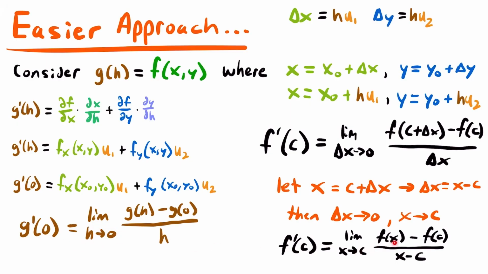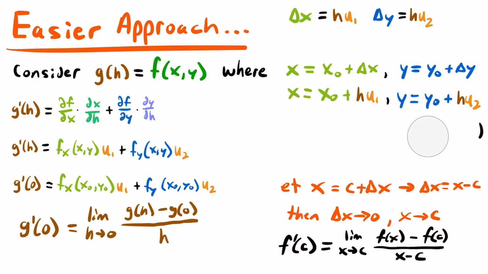And then you have f of x, or g of h, minus the function evaluated at that constant. So we have g evaluated at 0, divided by the variable minus c. So in this case, the variable is h, and we would be subtracting 0, so it's just h. Okay, so that's where this formula comes from. We're just defining g prime of 0 using an alternate form of the limit definition of a derivative.